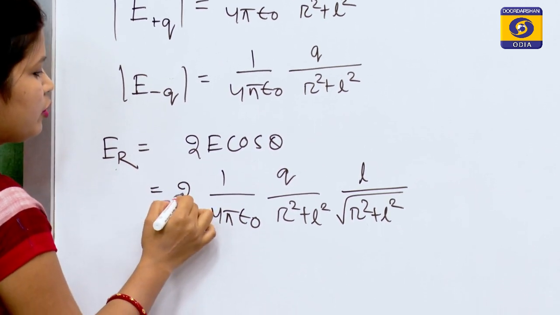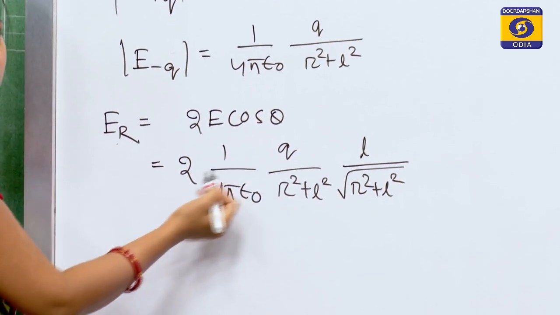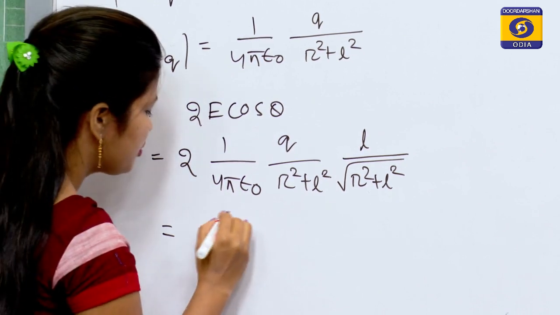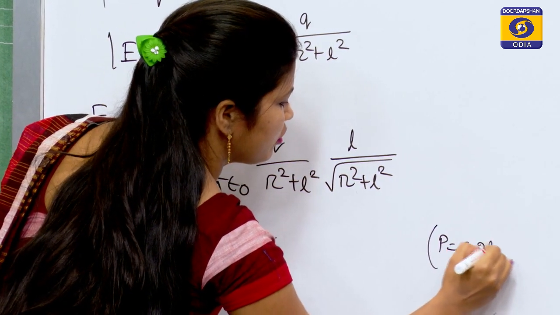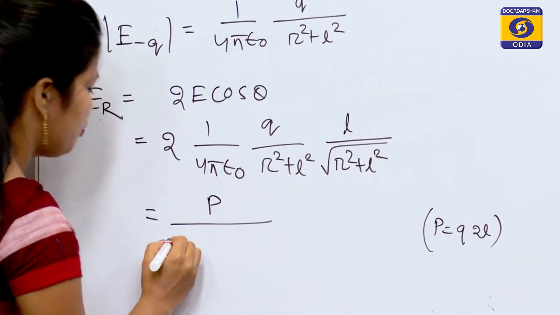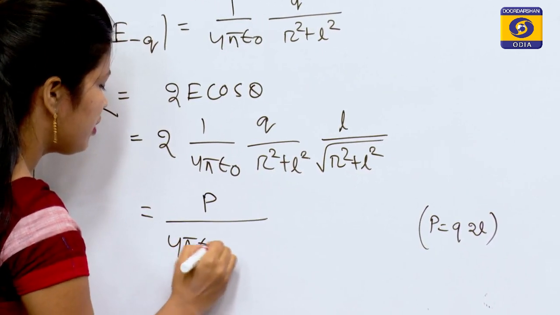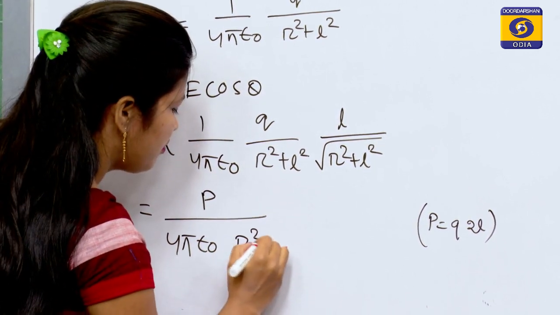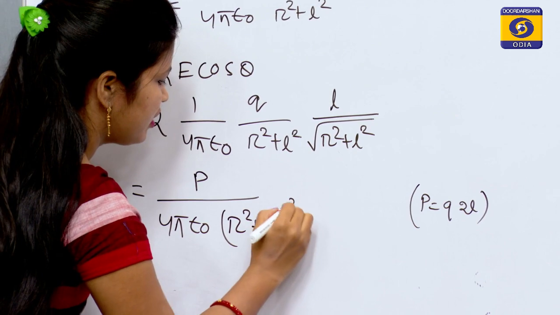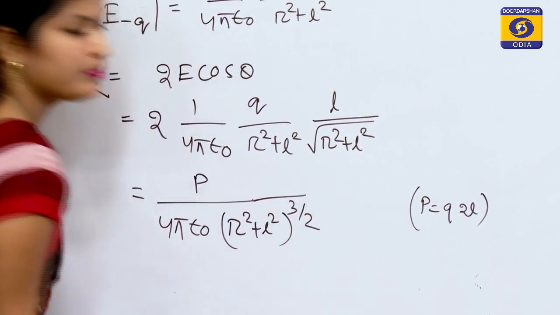See, 2 q into L, that is q into 2L, it will give p, we know that p is equal to q into 2L. So, p by 4 pi epsilon naught into r square plus L square to the power 3 by 2. Okay.